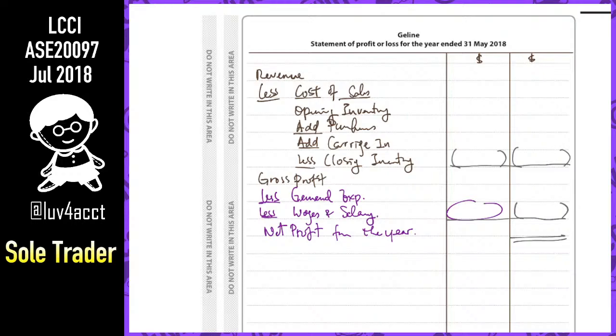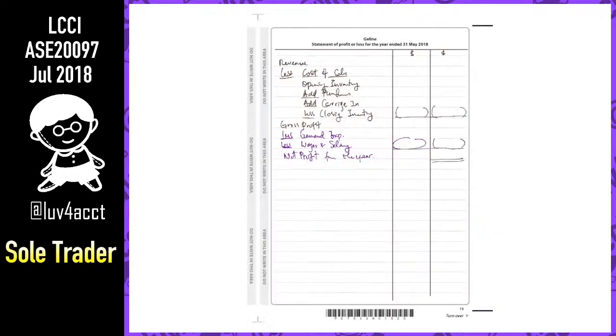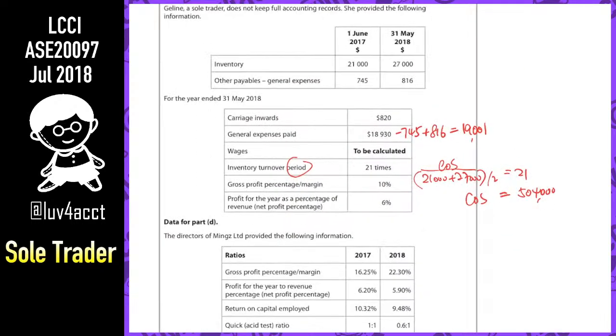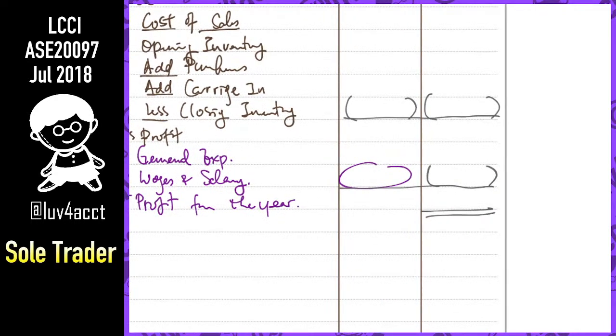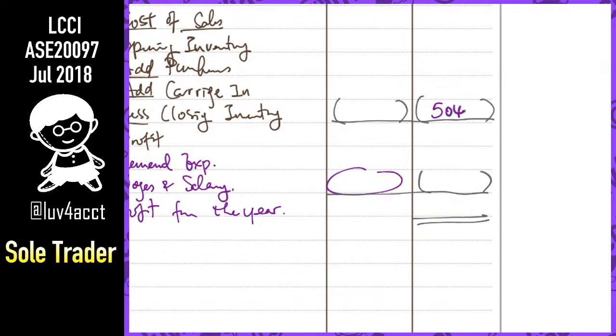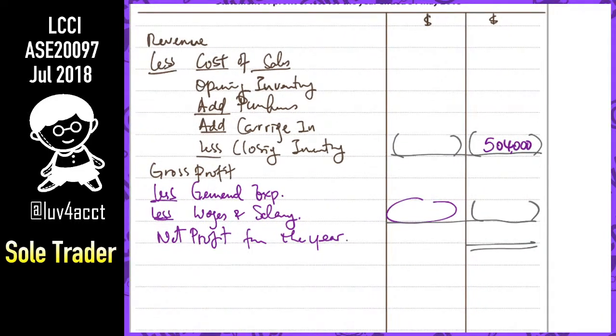Okay, so we have opening and closing inventory 21,000 and 27,000, and then cost of sales 504,000.